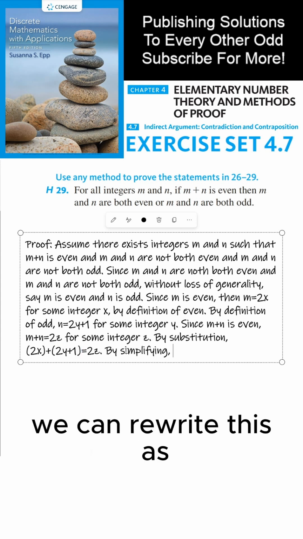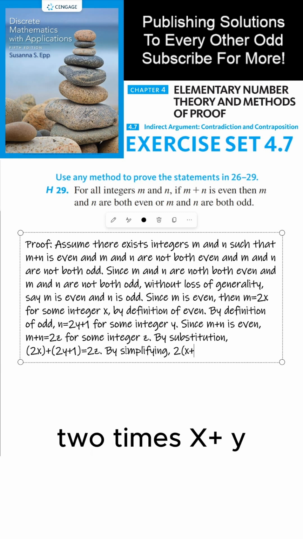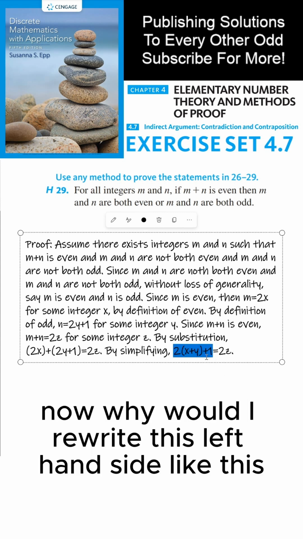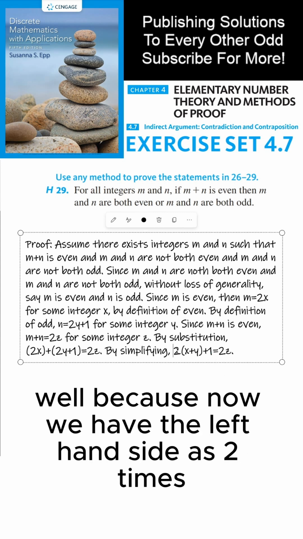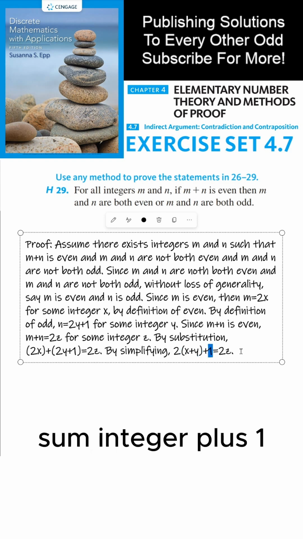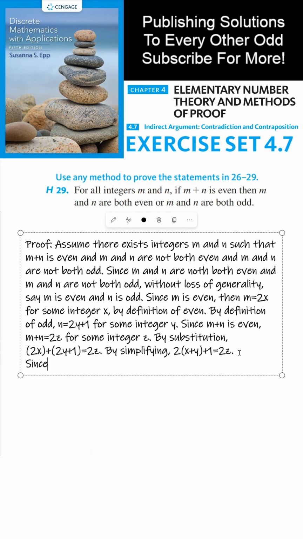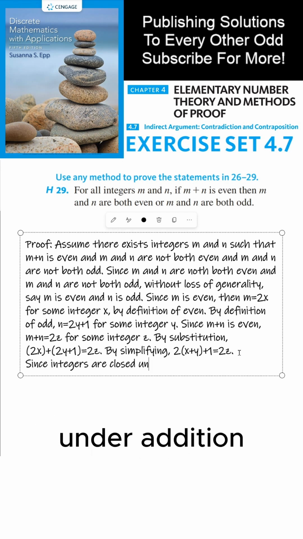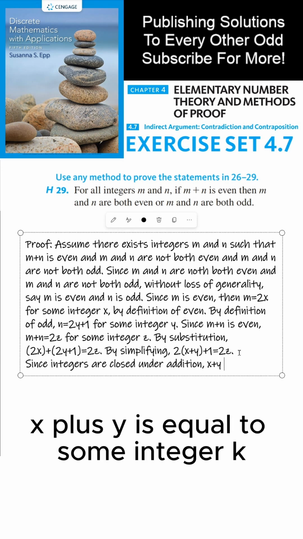By simplifying, we can rewrite this as 2 times (x plus y) plus 1 equals 2z. Now, why would I rewrite this left-hand side like this? Well, because now we have the left-hand side as 2 times some integer plus 1, which is odd. Since integers are closed under addition, x plus y is equal to some integer k.